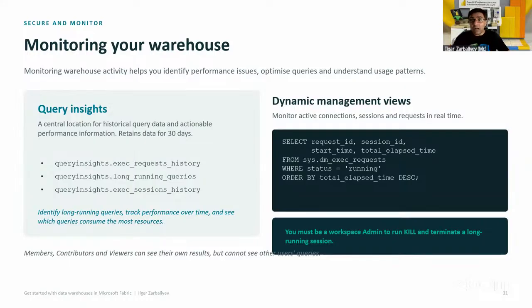It's just for identifying currently running queries. Filter to status running, ordered by, say, elapsed time descending. This is your what is happening right now and what is holding everything up query.